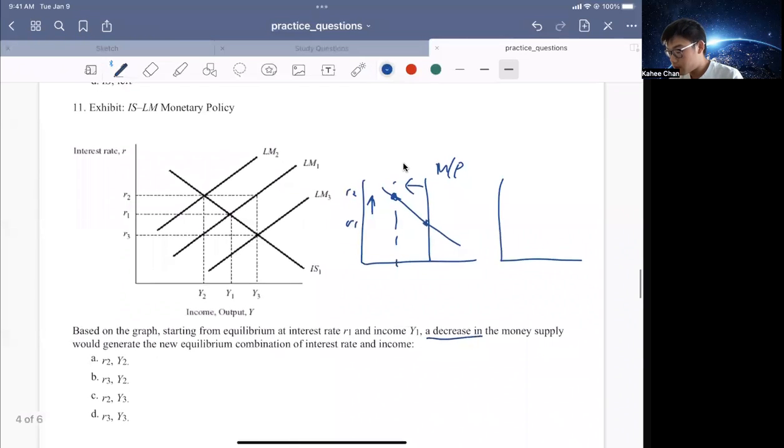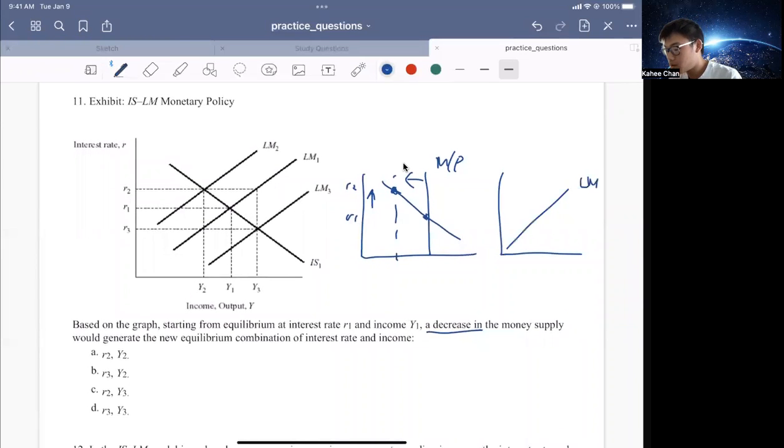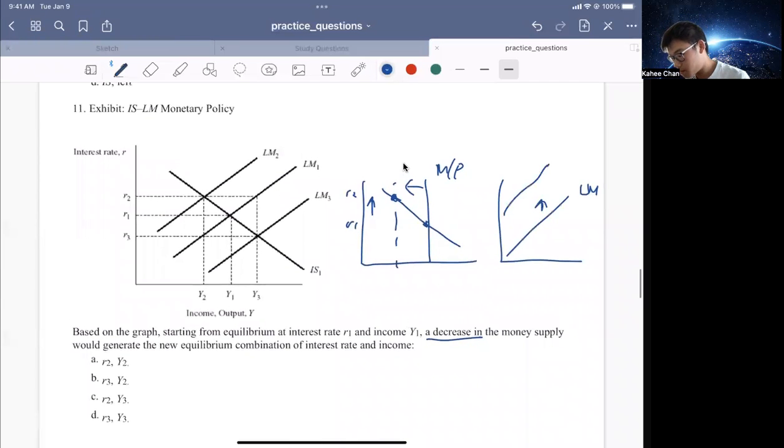So the LM curve is going to shift to the upper part from R1 to R2. Because we are starting from R1 and Y1, the only LM curve above LM1 is actually LM2. So the equilibrium between IS1 and LM2 is actually R2 and Y2. A is the answer.